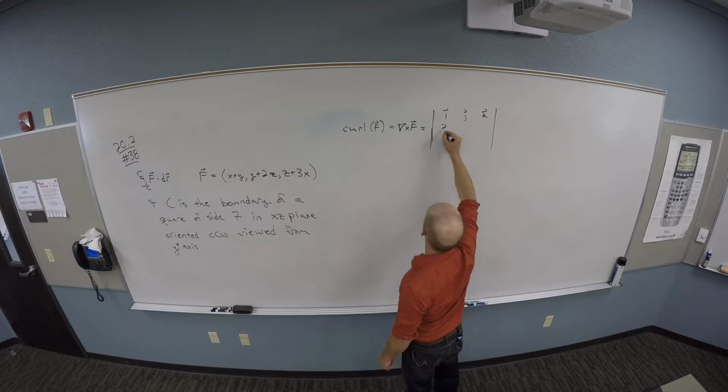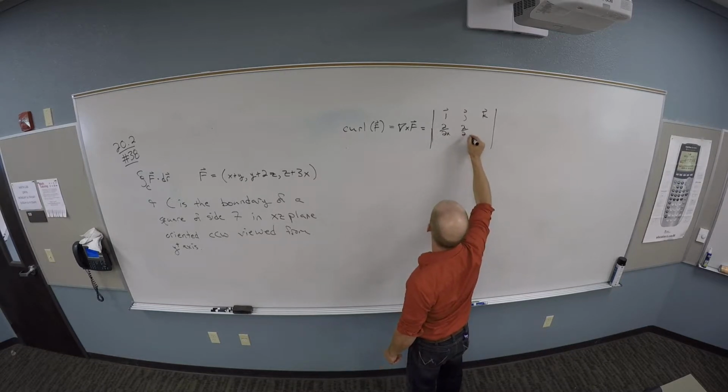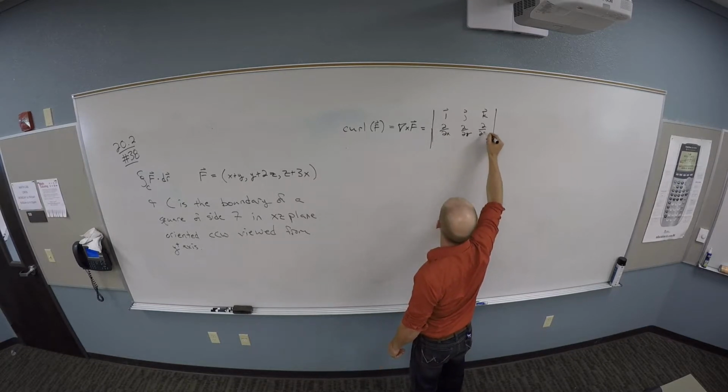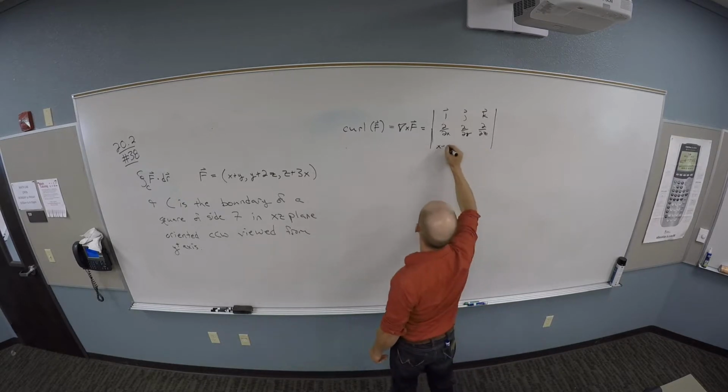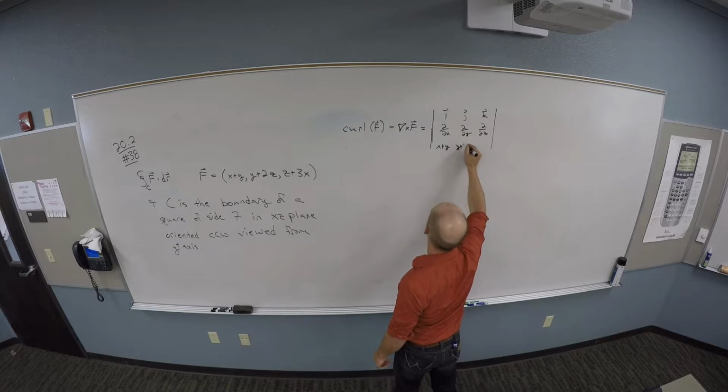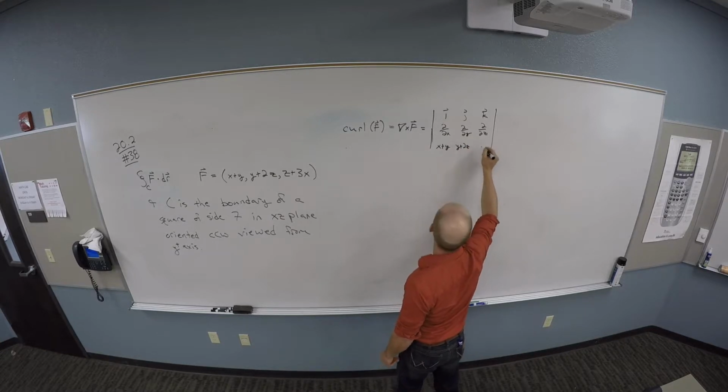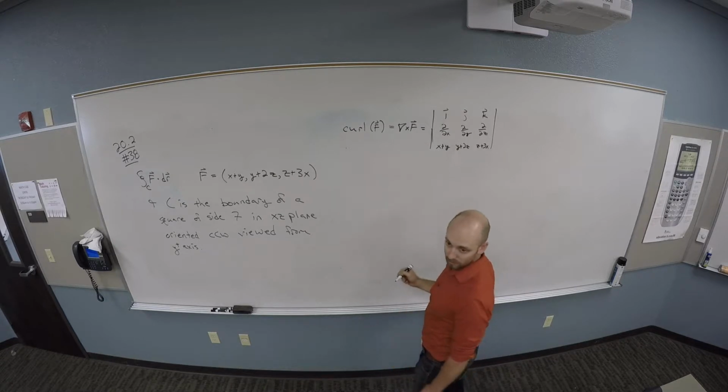The partials: partial with respect to x, partial with respect to y, and partial with respect to z. x plus y, y plus 2z, and z plus 3x.